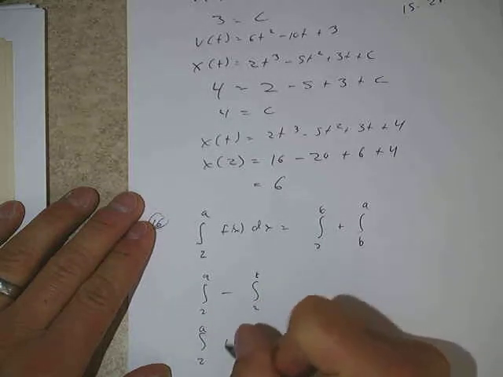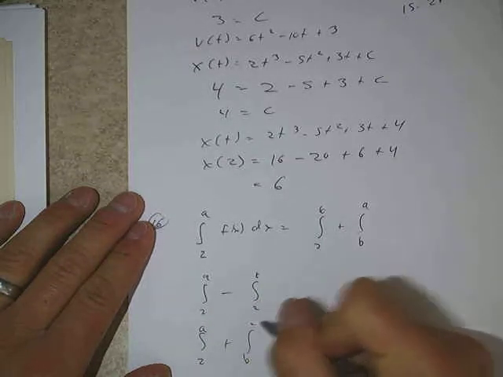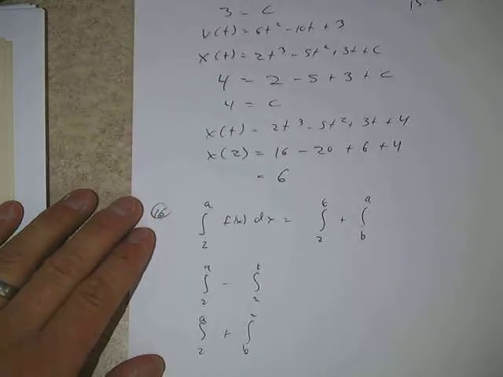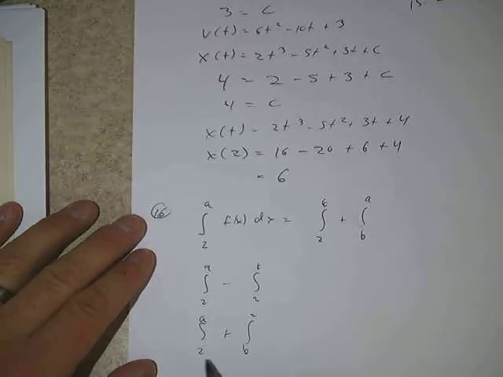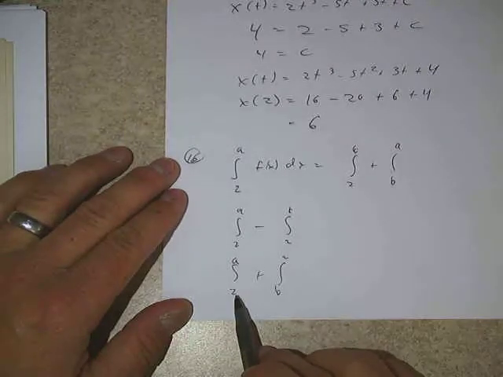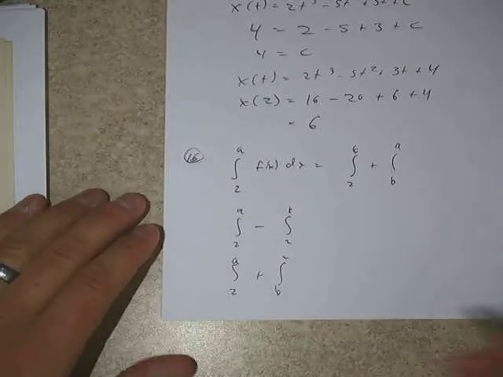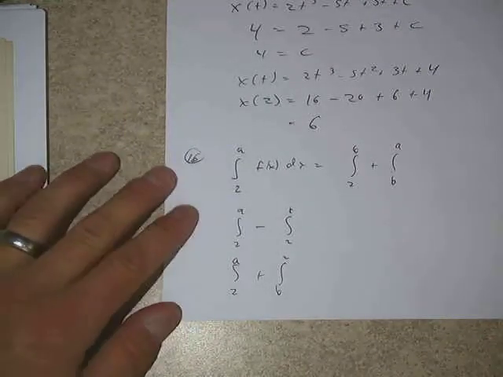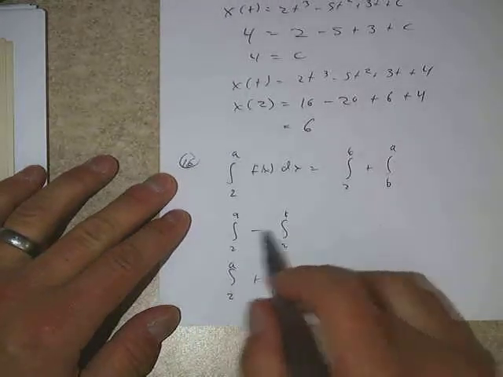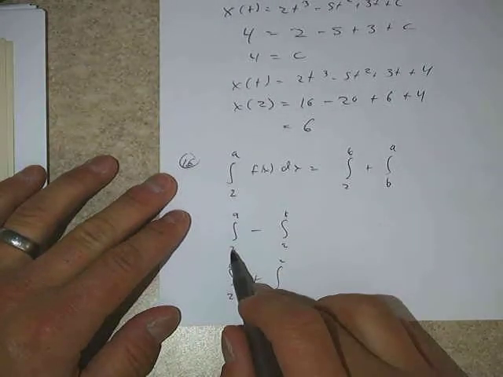Ultimately, if I go 2 to a and I switch this to b to 2, that is kind of backwards of where I want to be. What would be best is to have 2 be the value that's between these two.